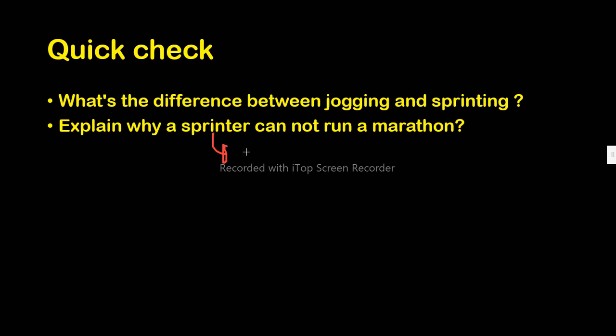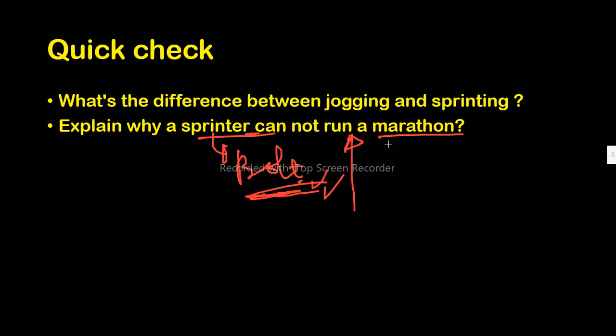A sprinter like Bolt, I'll still use Bolt, but there are many sprinters, if you like Olympics. You know Bolt and others, you know them. But I like Bolt because of that world record. So a sprinter cannot run a marathon. Why? Think about that.